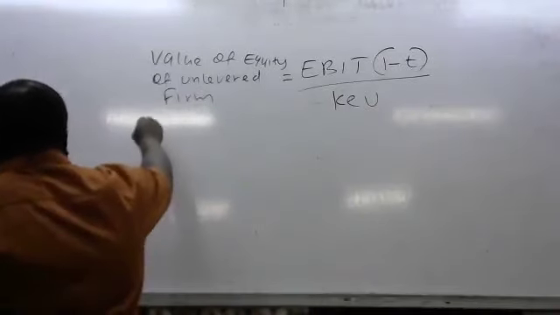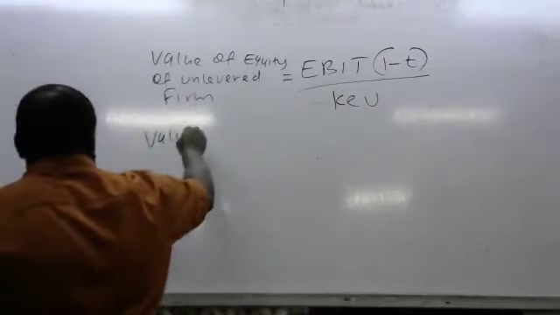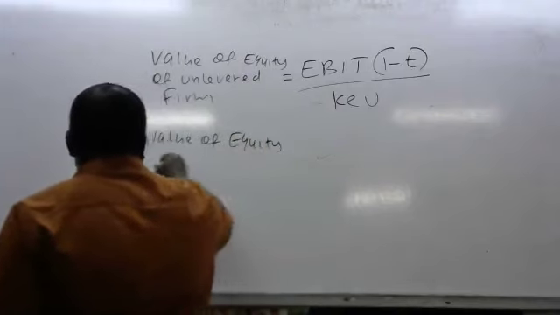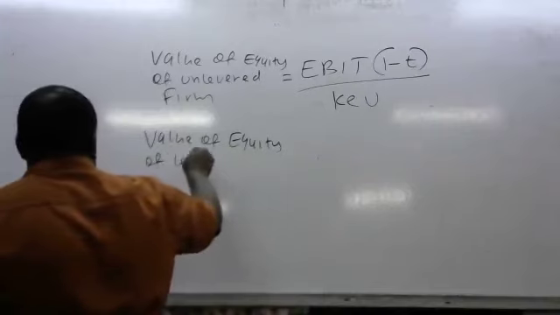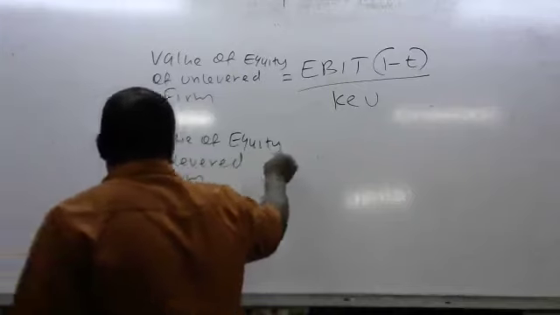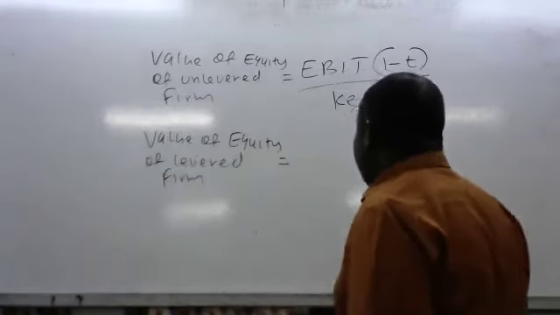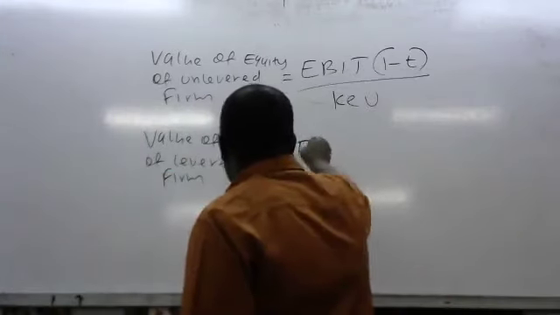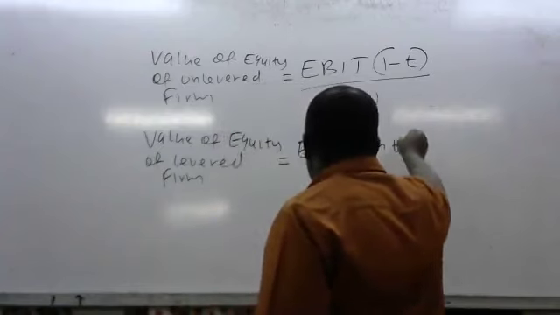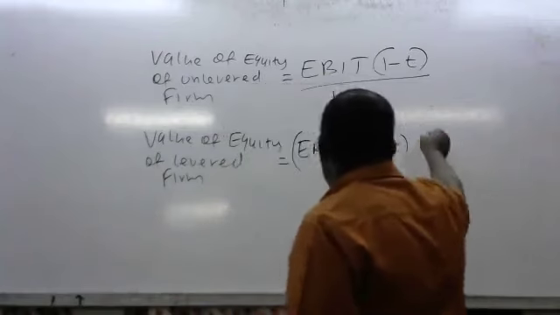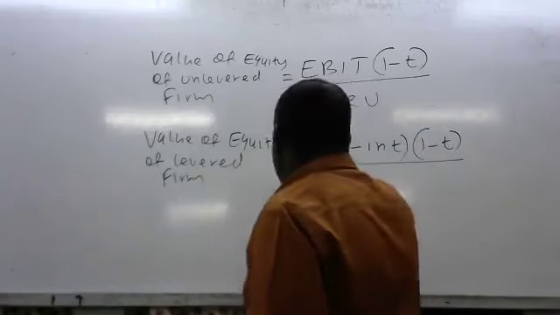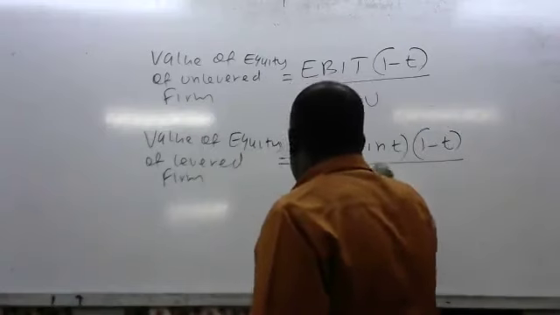Then also the value of equity of the levered firm will be given by earnings before interest and tax, we subtract interest, then 1 minus the tax rate, and divide by KEL.